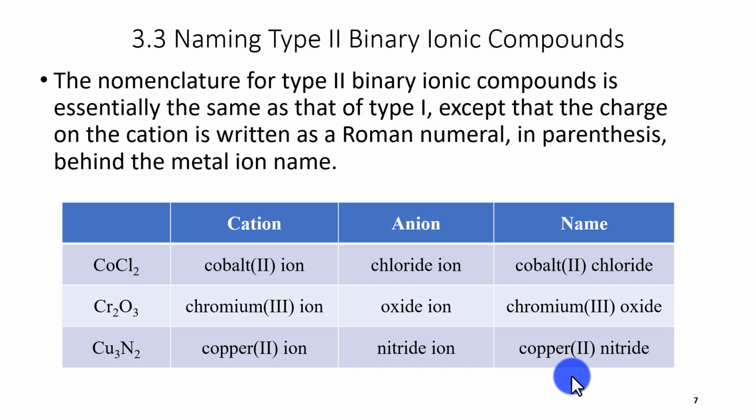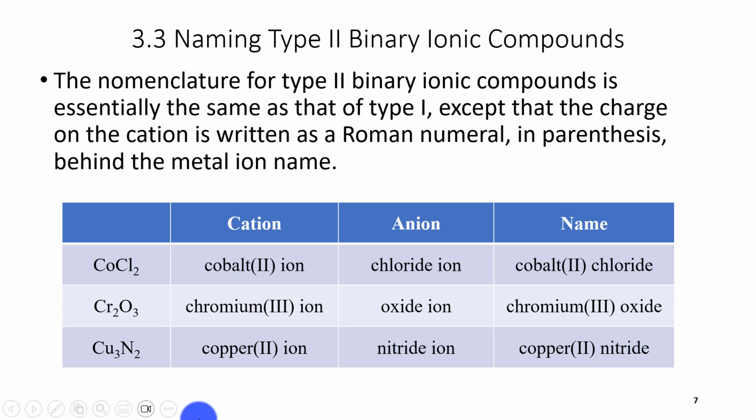When we name type 2 ionic compounds, on the other hand, we have to specify the charge because the metals are transition metals and they can form multiple ions with multiple charges. Copper, for example, can form a +1 or a +2.